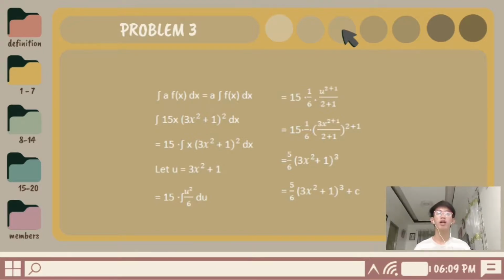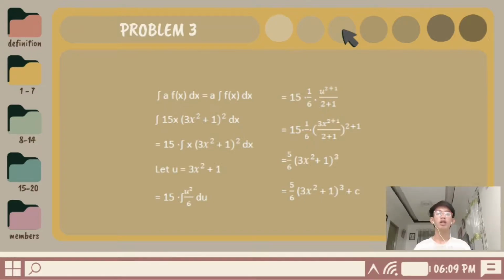Then 15 times the integral of x times the quantity 3x squared plus 1 all squared dx. Let u be the inside function of 3x squared plus 1. We will have 15 times the integral of u squared over 6 du. Move the 1 over 6 beside the constant 15 to leave the u squared du after the integral sign.